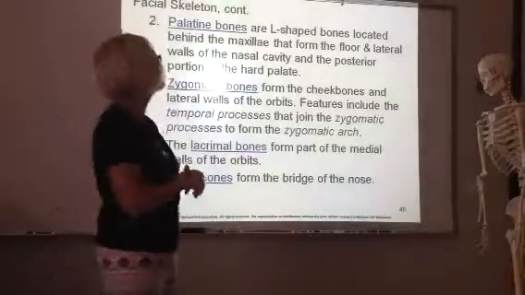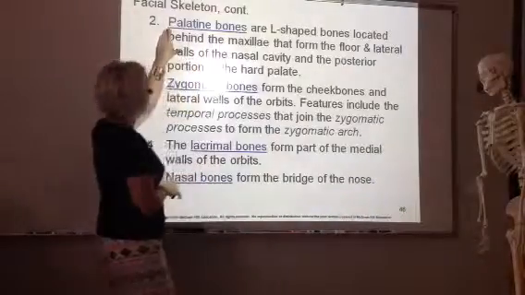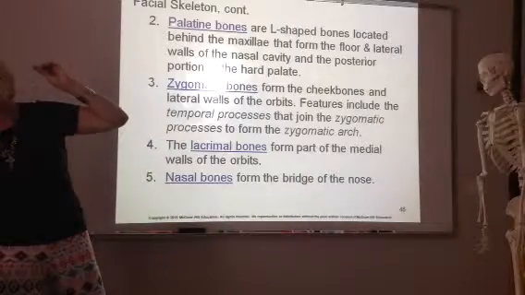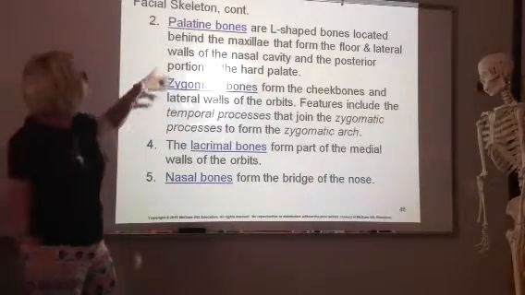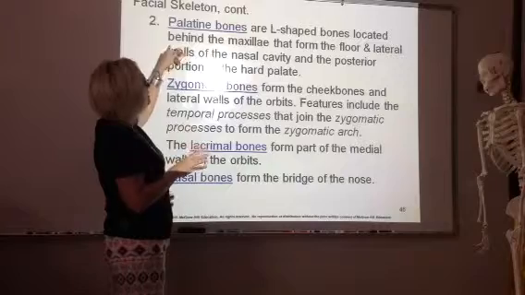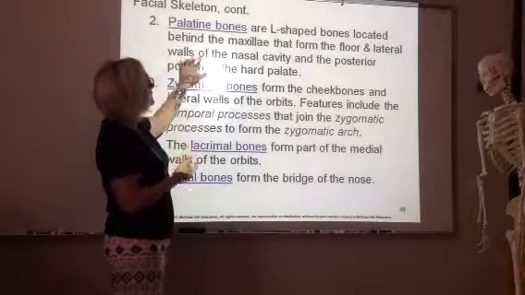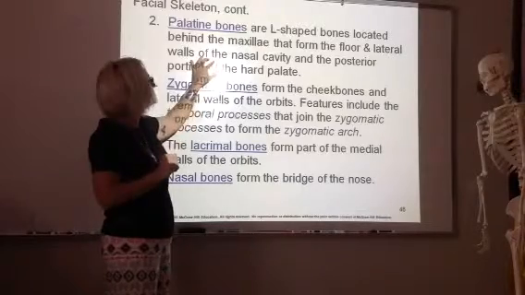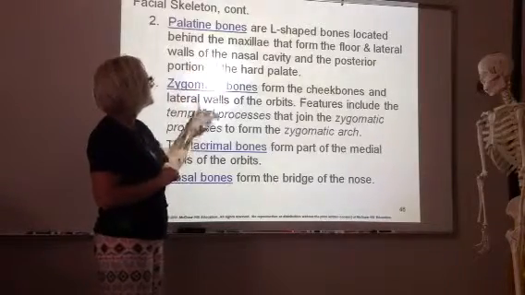Palatine bones. Here again, probably not the most important ones. I don't even know if I have those labeled. Nope, I don't. They're L-shaped, they're small, they're more inside of the walls of the nasal cavity, so you're not going to see that on the outside of the skull.